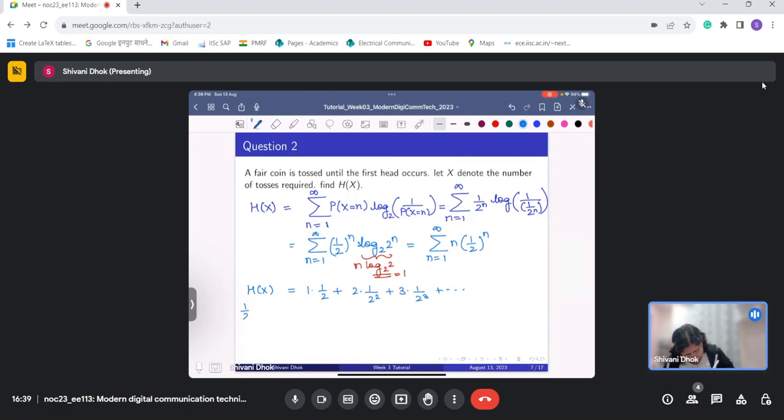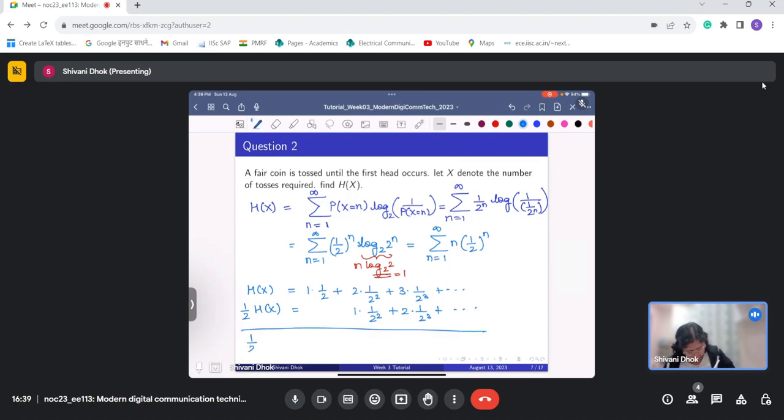Now I'll take half hx, which comes out to be 1 into 1 by 2 square plus 2 into 1 by 2 square, 1 by 2 cube and so on, and I'll subtract this.